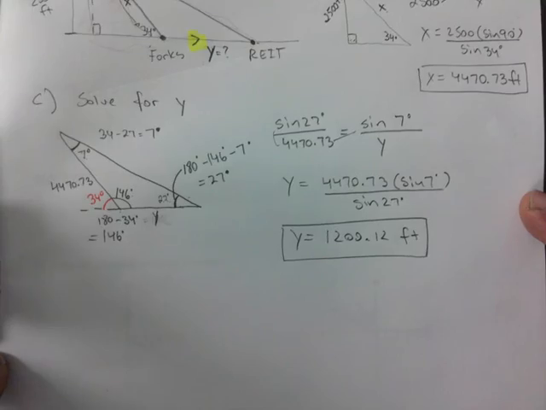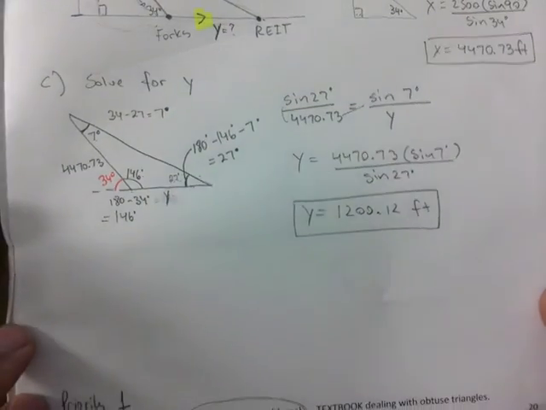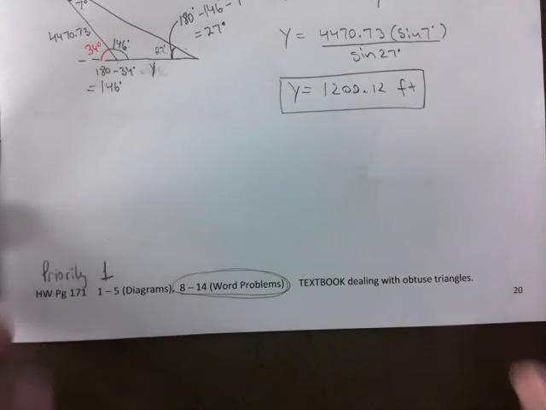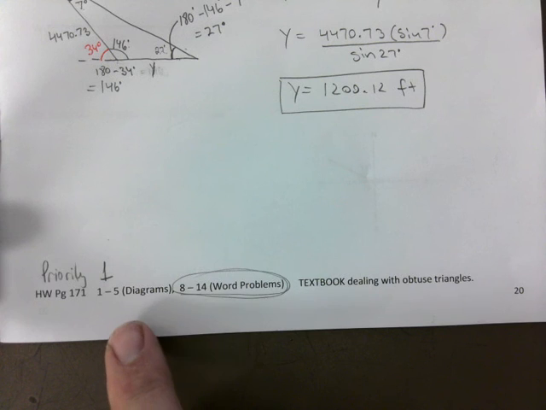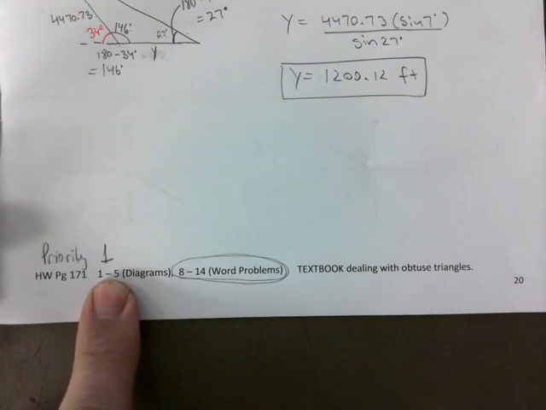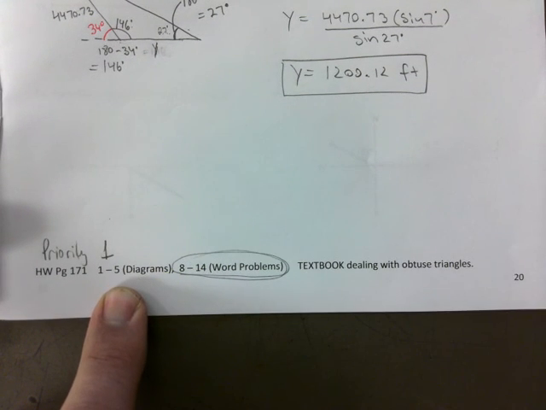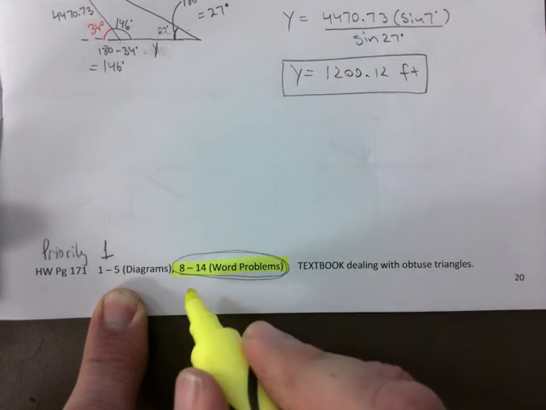I'm going to pause right there. I would like you to make sure you write down priority 1 at the bottom of this page. Follow me, please, because 1 to 5 I would really say only if you want to, because they're diagrams. You're just solving for missing sides. This is really what I would want you to do.